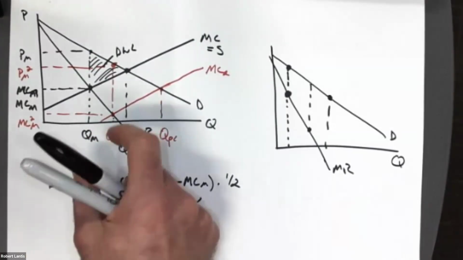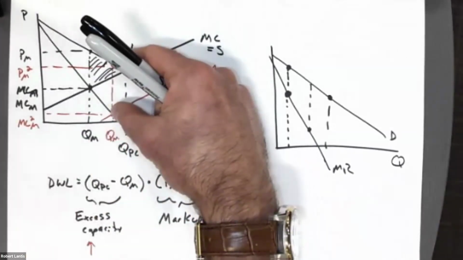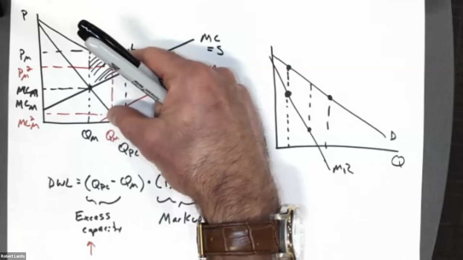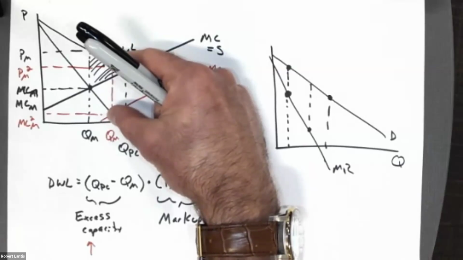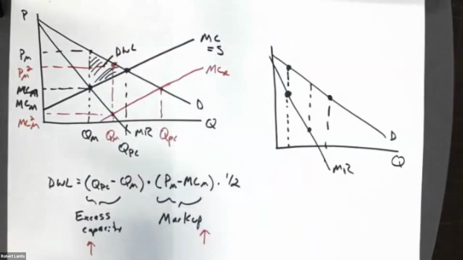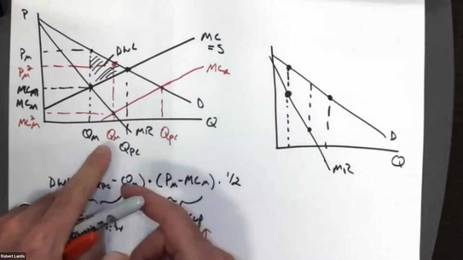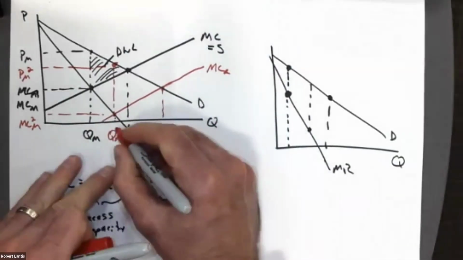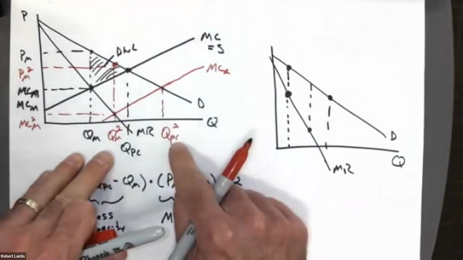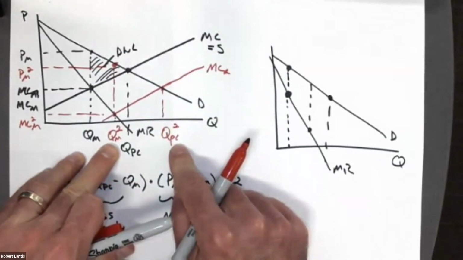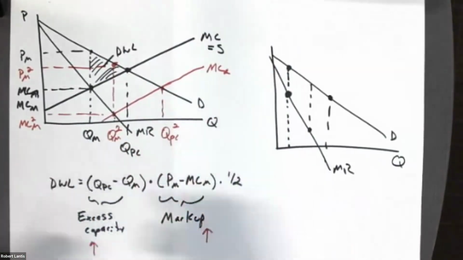However, they're also going to be able to earn higher profits, or essentially the difference between the price they're charging and what it costs them to produce it, that markup, is also getting larger. Now, the not so intuitive result is they're producing a higher quantity, but if they were perfectly competitive, they would produce an even higher quantity. That gap is going to grow between the perfectly competitive and the monopoly quantity.